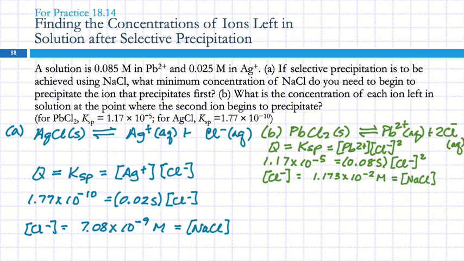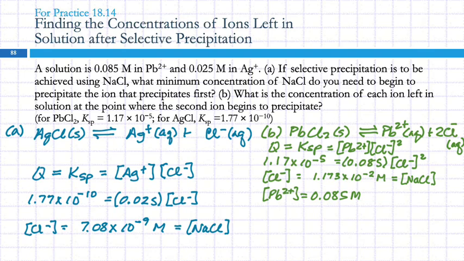We haven't precipitated any of it yet. It's going to be the same as this, right? So at that point, the lead concentration is the same as the original, 0.085 molar. It hasn't precipitated yet.